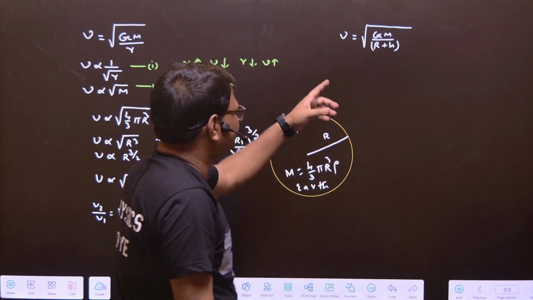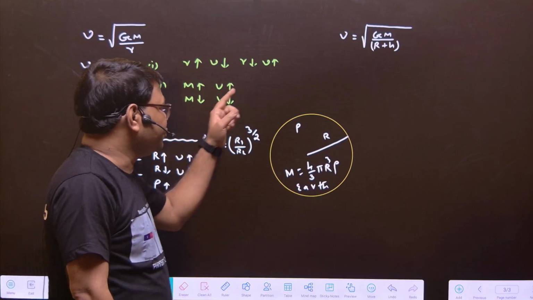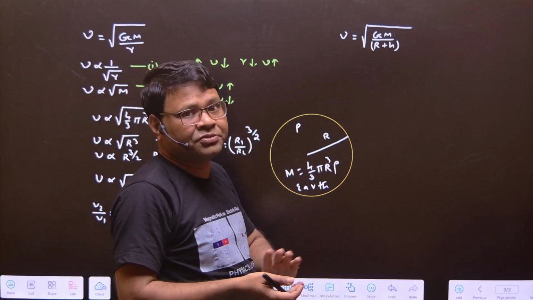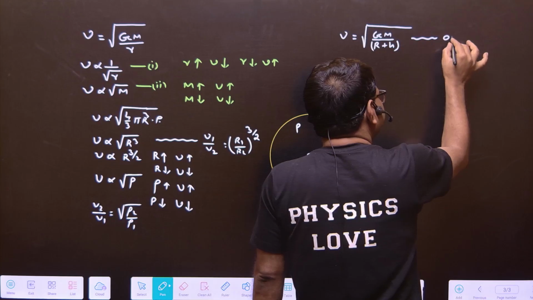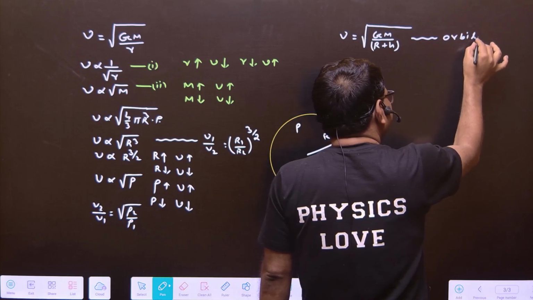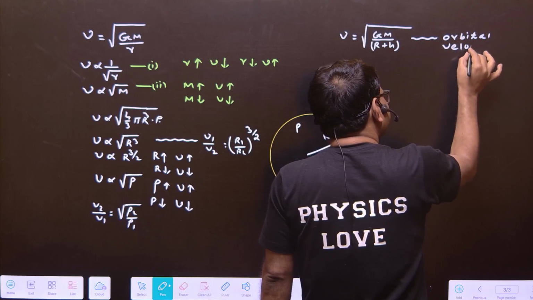This is the orbital speed of the satellite. So we have got this expression of the orbital velocity or speed of the satellite.